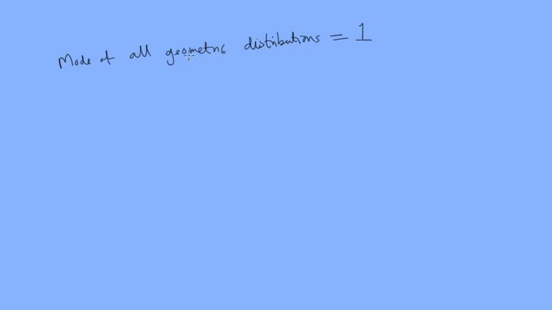It's more likely to be one of the first rolls of that dice than some ridiculously large number of events later. So the mode of all geometric distributions is 1, and that is because of the nature of the common ratio within a geometric distribution.